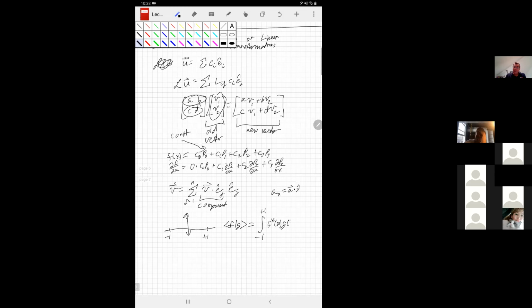Isn't it the functions multiplied with each other? And then you integrate it from, yeah, those bounds. Yep. So if I say that e hat 0 is p0, e hat 1 is p1, e hat 2 is p2, I should really be writing these as functions of x.